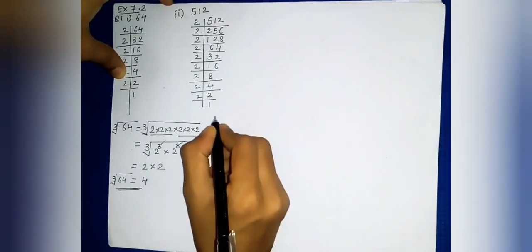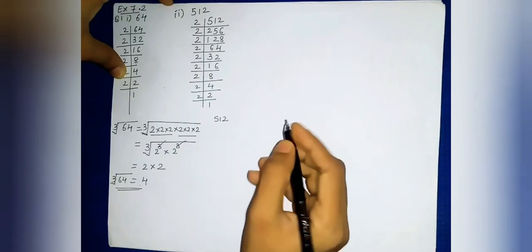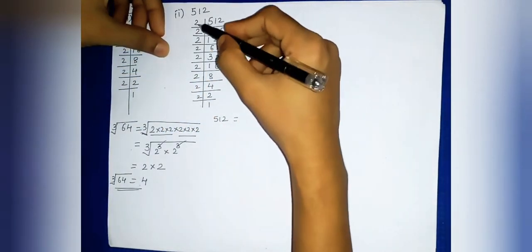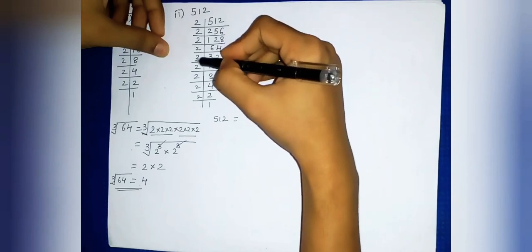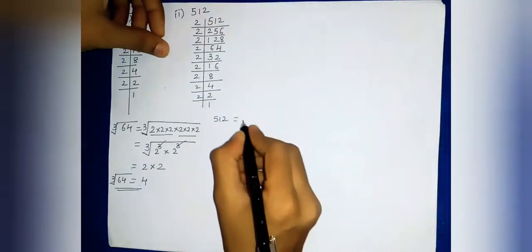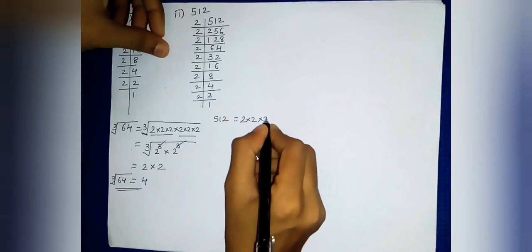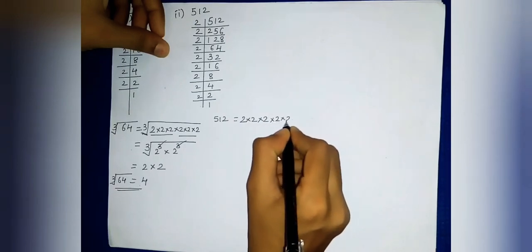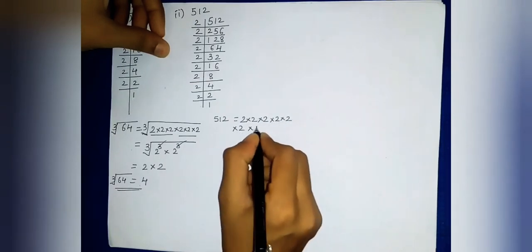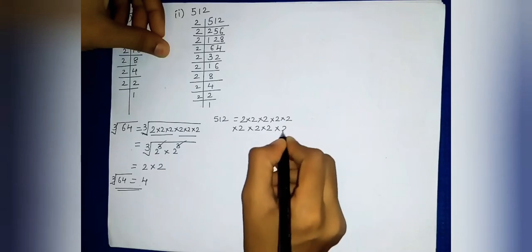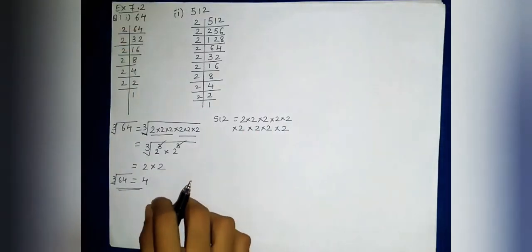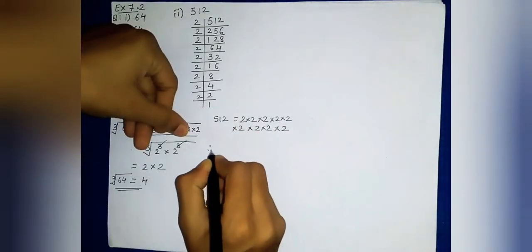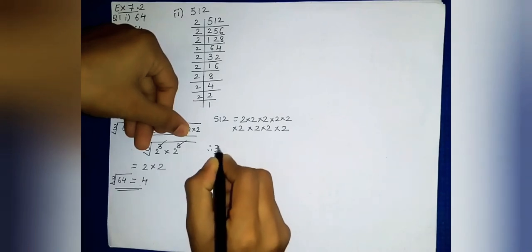So now we will write it over here. So 512, the factors are 2. How many times is it? 1, 2, 3, 4, 5, 6, 7, 8, 9. So these are the factors. Now we are finding the cube root, so we have to write it this way.